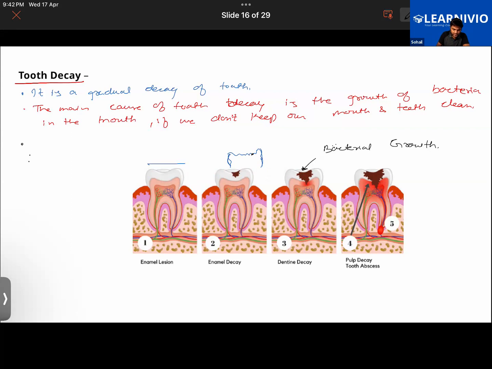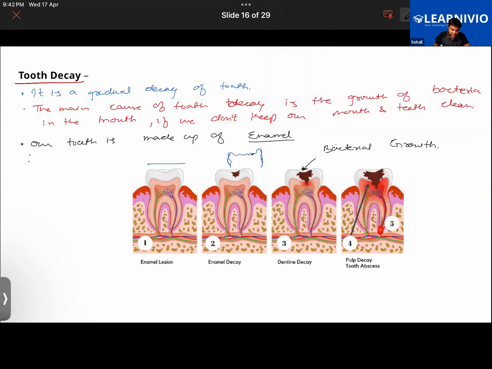Our tooth is made up of a hard white shiny substance called enamel. It is the strongest substance in our body. After this come bones. Getting it, guys? But still, bacteria are able to penetrate it, break into it. How does it do so?